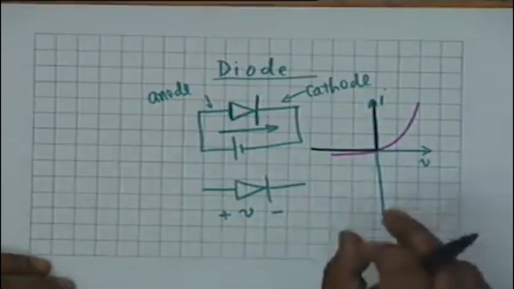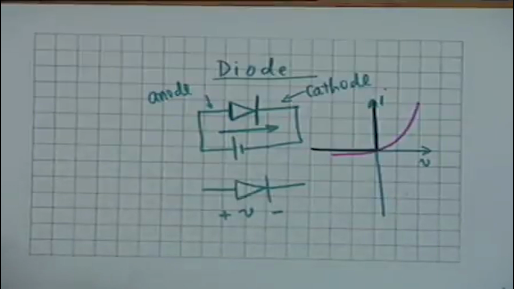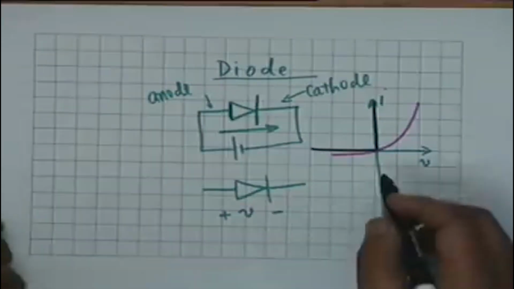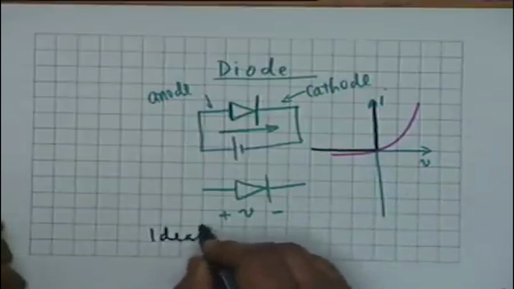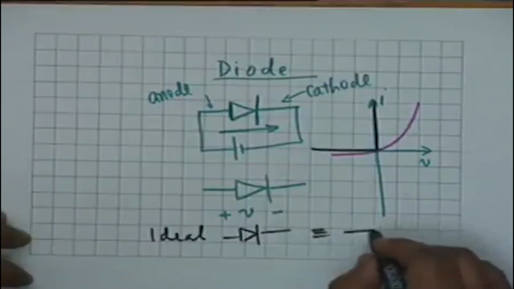Now this ideal characteristic, doesn't it remind you of a switch? When the switch is on, any amount of current can flow, when the switch is off, no current can flow. So an ideal diode is equivalent to a switch.